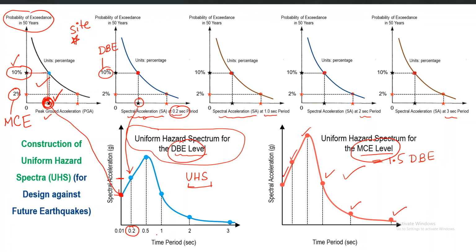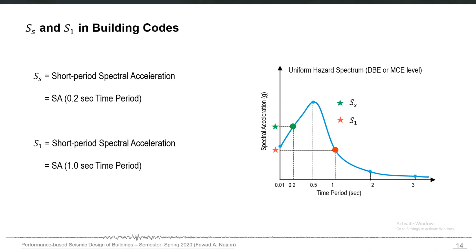So now you can also construct the acceleration response spectrum for the purpose of design against future earthquakes. So these spectra represent the level of seismic hazard which is caused by future earthquake. So sometimes for simple seismic analysis procedures, for example the equivalent static force procedure, different building codes fix the definition of spectral acceleration and that definition is basically used as the hazard parameter to calculate the effective earthquake forces.